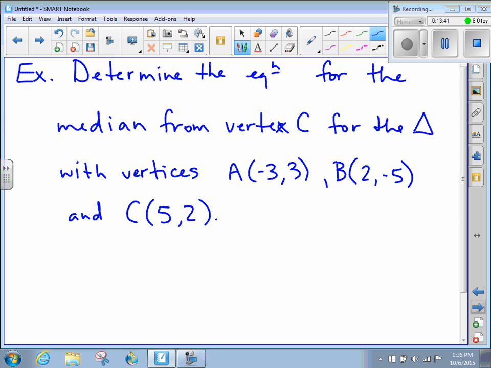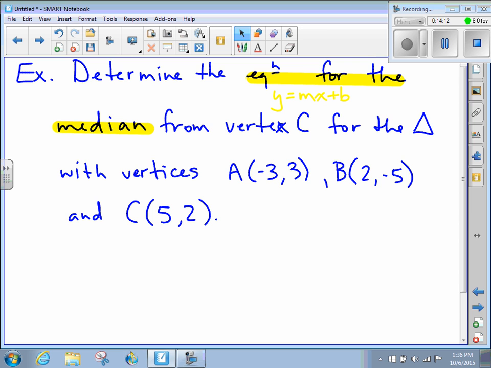To determine the equation of the median, that means the equation of a line. And the way we have to answer that is in y equals mx plus b form. So we have to find the slope and the y-intercept of the median in order to be able to answer this question. The only piece of information that we know is that it comes from vertex C.